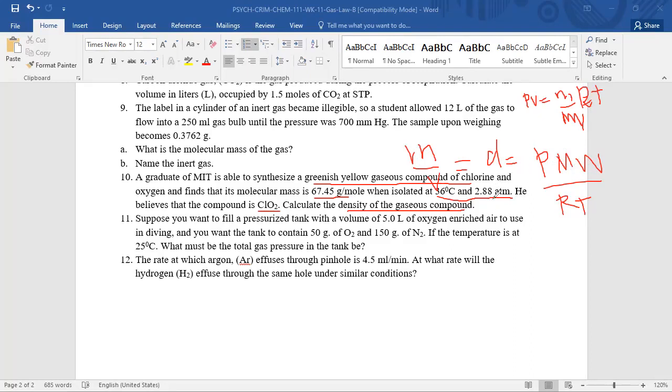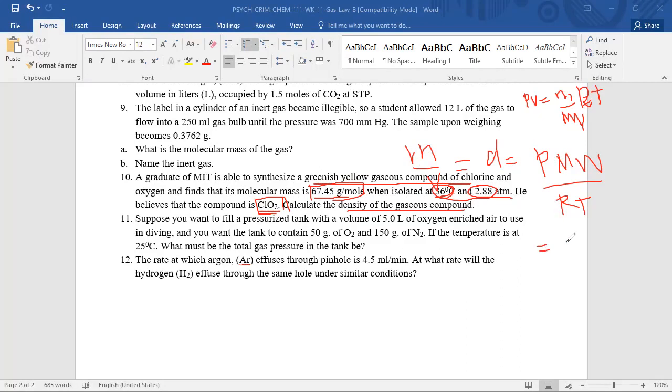So, tingnan natin yung mga given for number 10. Meron tayong given na molecular weight. So, hindi na tayo magko-compute. Pero halimbawa, hindi given yan, pwede nyo computein using this given na molecular formula. When isolated at 36 degrees Celsius, so convert natin yan into Kelvin. 2.88 atmosphere. So, no need na tayo na mag-convert pa dyan.